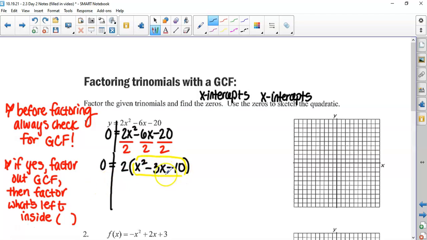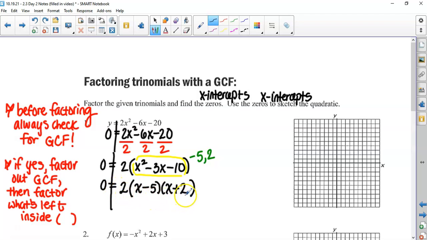So I need two numbers that multiply to be negative 10, add to negative 3. So I'm thinking 5 and 2, where the 5 is negative. So this factors to now be 0 equals 2 times x minus 5 times x plus 2. I've successfully factored it.